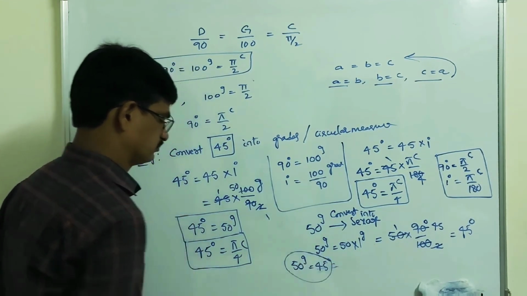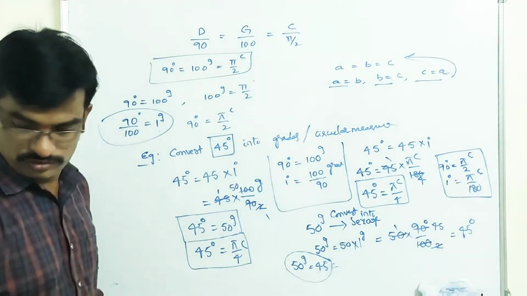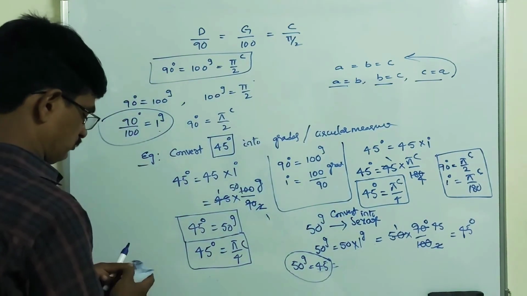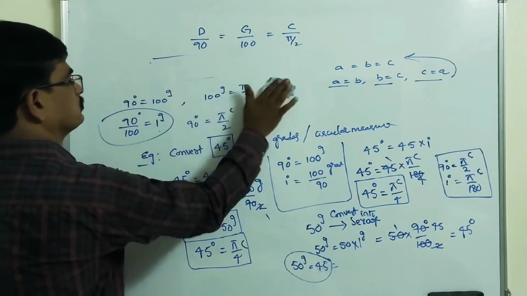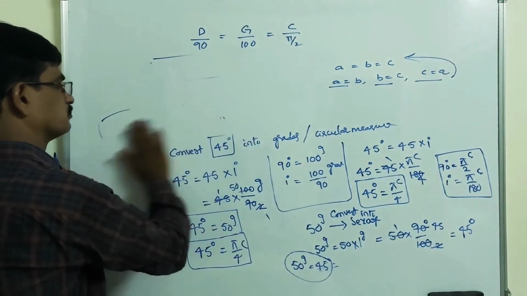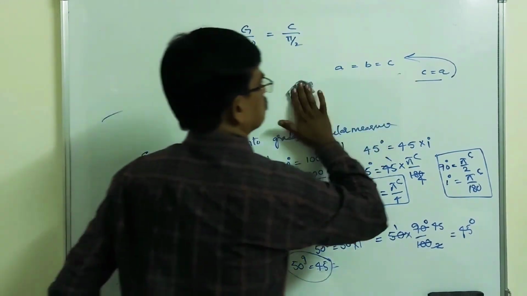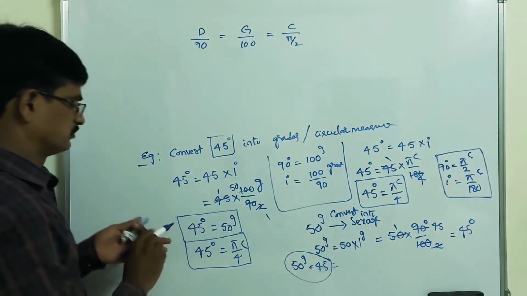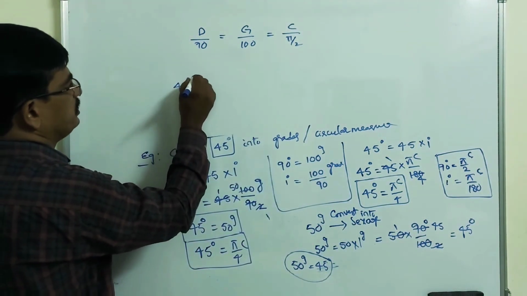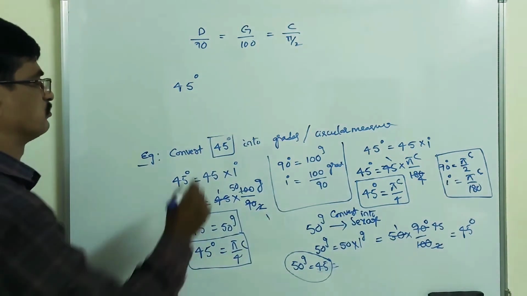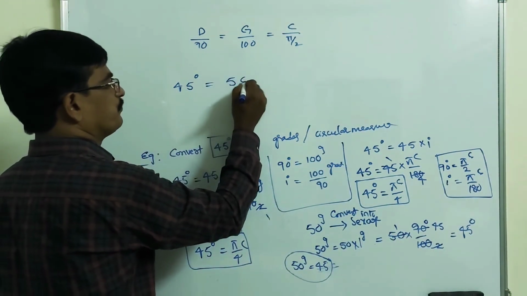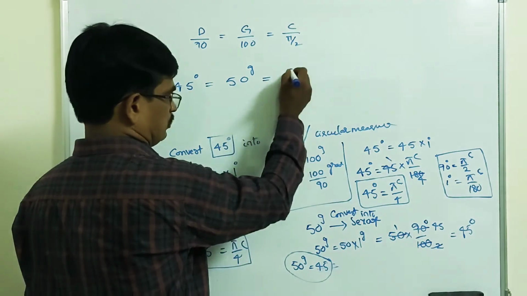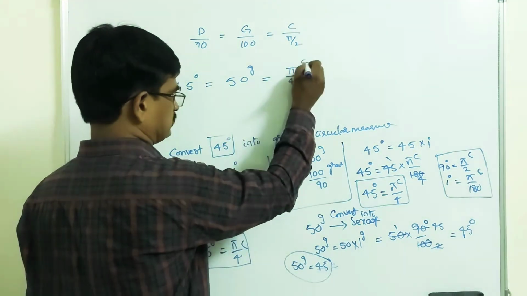Therefore, 45 degrees in the sexagesimal system is equal to 50 grades in the centesimal system and pi by 4 radians.